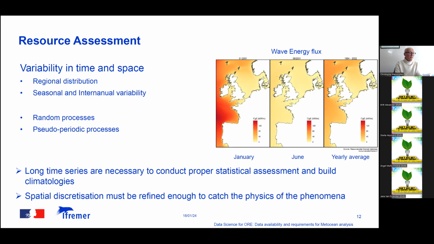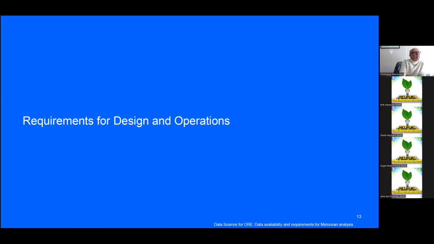We also have to consider the requirement for a sufficiently refined spatial discretization, so that we can catch all the physics of the phenomena that we are modeling or measuring.